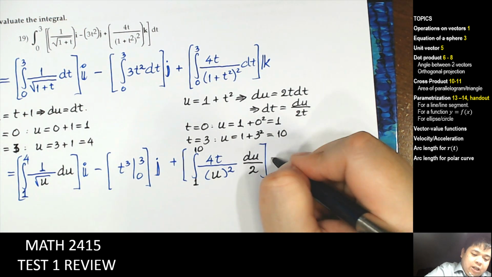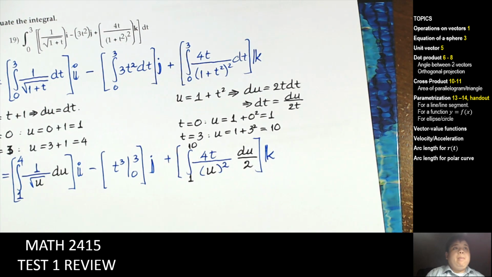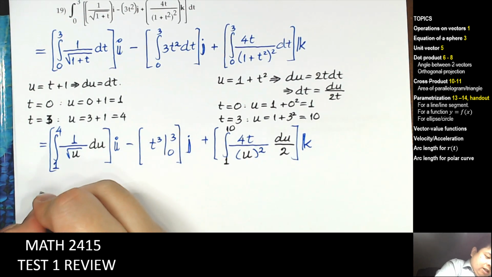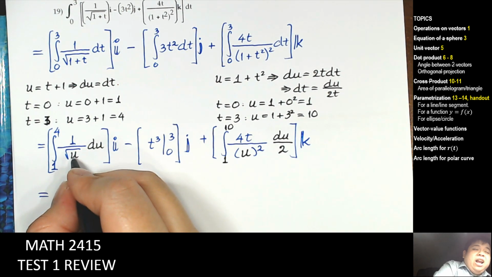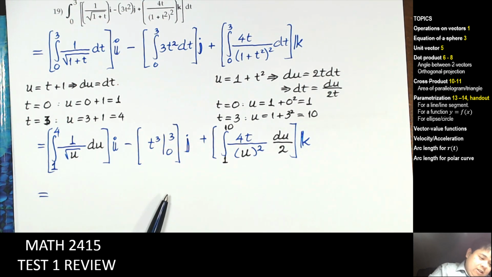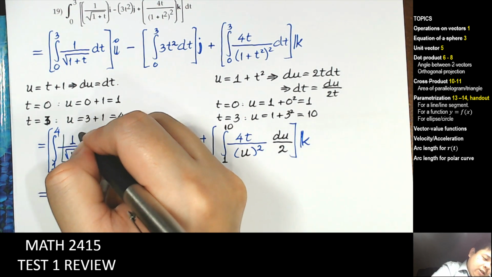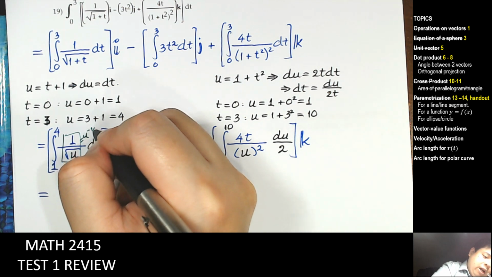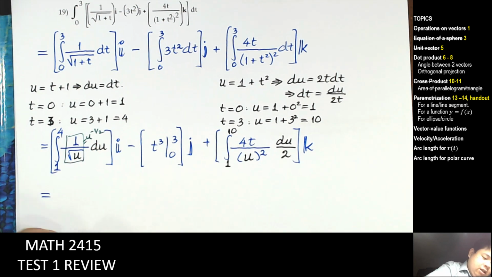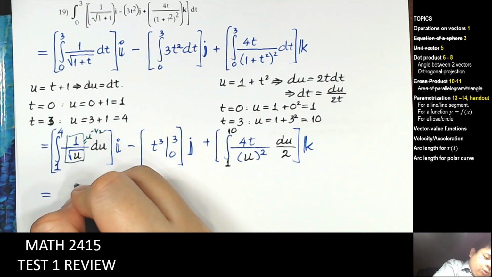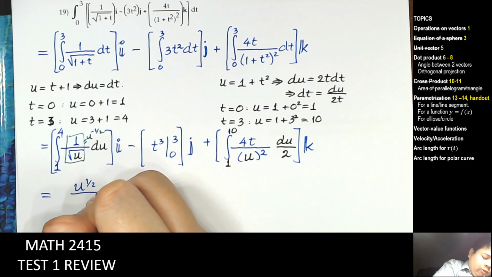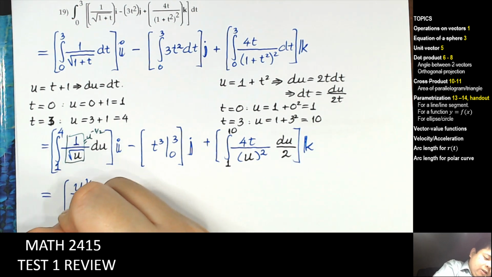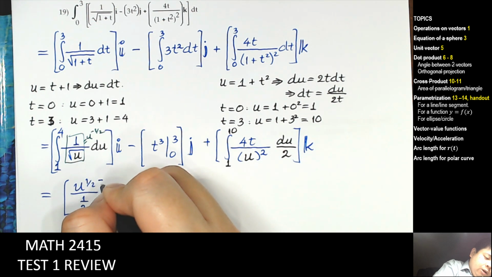That in the k component. Right. So this is u to the negative 1/2. Integral of that is u to the 1/2 over 1/2, going from 1 to 4.